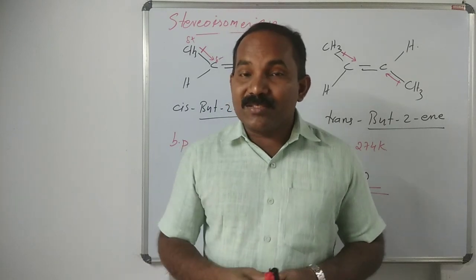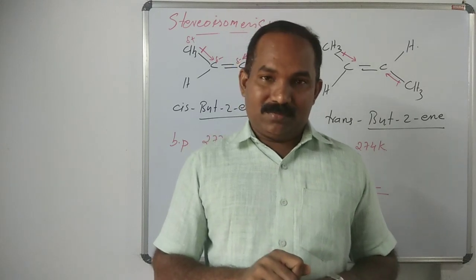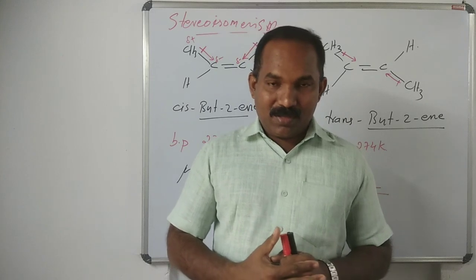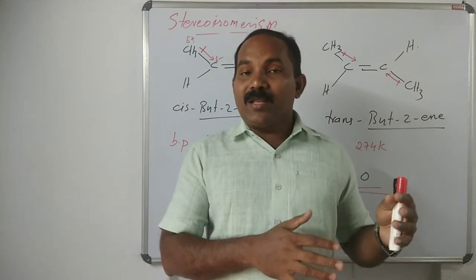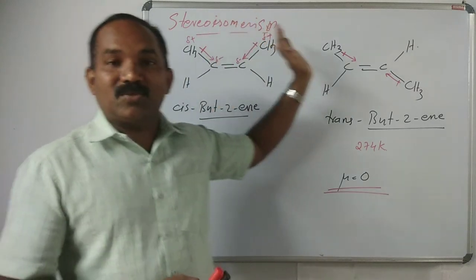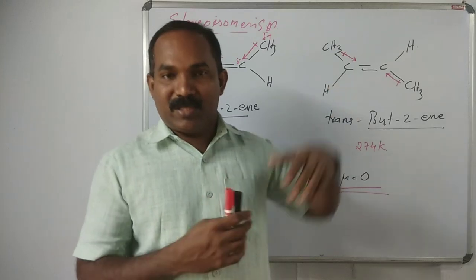Similarly, you can practice 1,2-dichloroethene. Here in butene, in the cis isomer the CH3 groups are on the same side, and in the trans isomer the CH3 groups or hydrogen atoms are in the opposite direction.